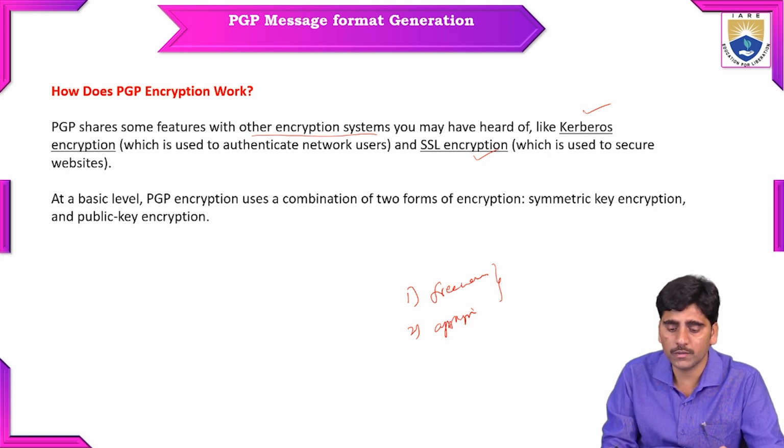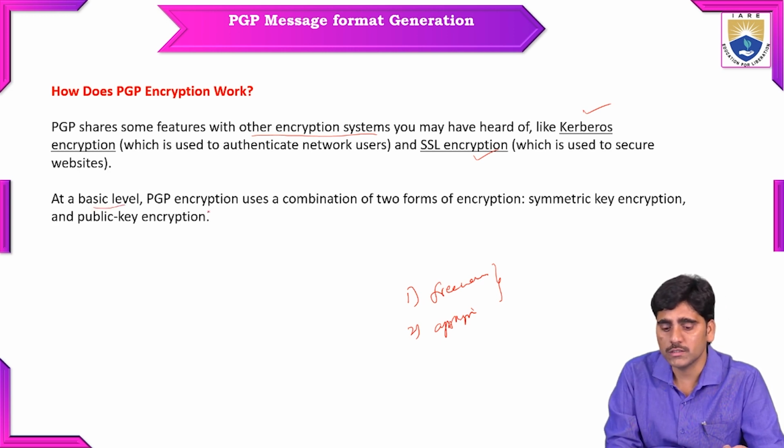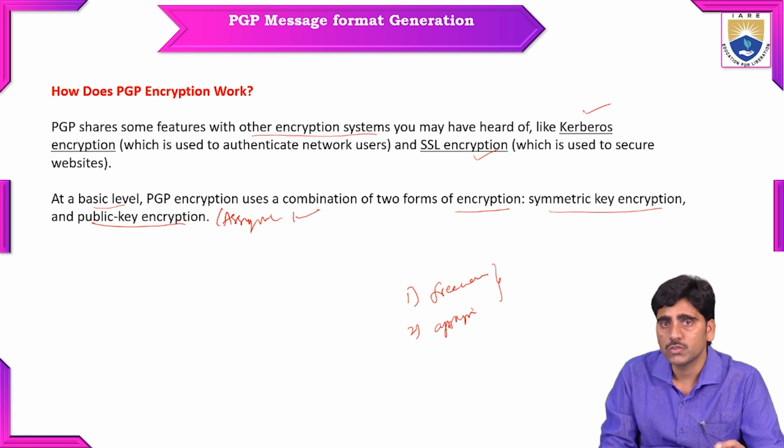At a basic level, PGP encryption uses a combination of two forms of encryption: symmetric key encryption and public key encryption, which is nothing but asymmetric key encryption. We can use both symmetric and asymmetric keys for encryption and decryption, for writing and securing your mails and files.